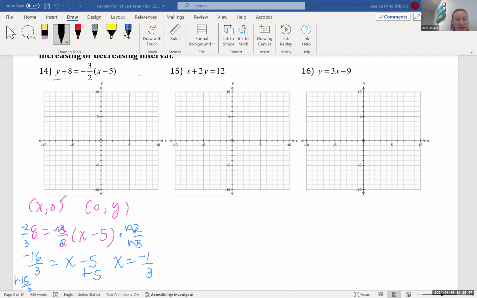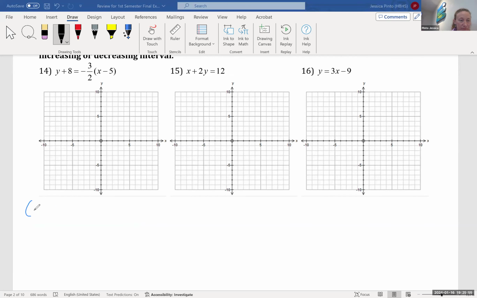And so we would write that as negative 1/3 comma 0. Let me remember, we're at 5, negative 8, 7, 8. Yep, there it is. Yep, negative 1/3.